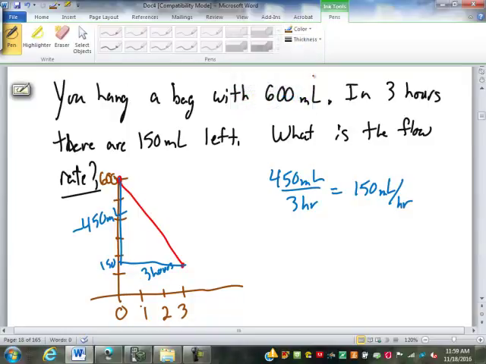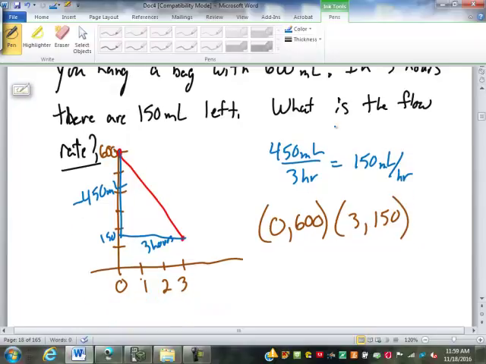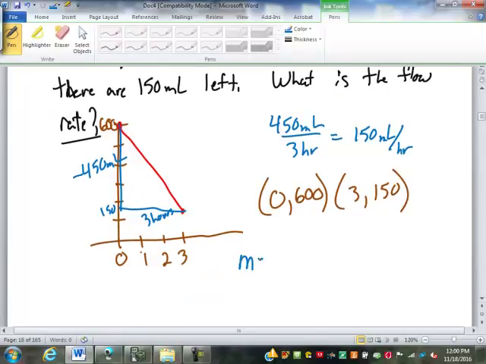Another way we could have handled this is we could have just made coordinates, ordered pairs. At time 0, there's 600 milliliters. At time 3, there's 150 milliliters. Remember our formula for slope. The y-coordinate of point 2, which is the 150, minus the y-coordinate of point 1, which is 600, makes my rise.